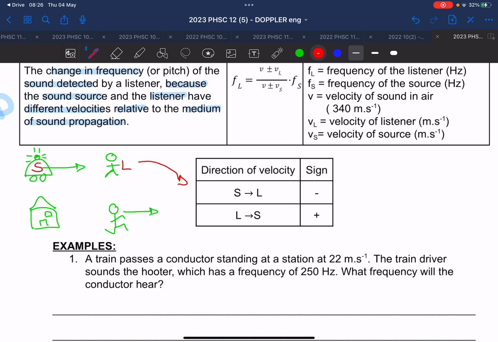So the listener, you with your ears, hear that the source, the house alarm, goes off. Pew, pew, pew, whatever. So the sound source is stationary and the listener is moving away from it. Then that is also the first scenario. Then you would substitute in a negative.